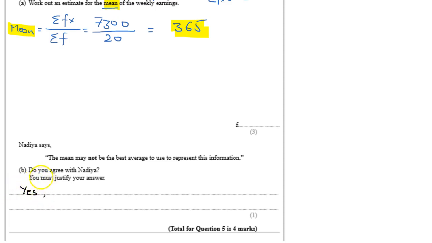The reason is, in this kind, if the extreme values are very high, it can affect the mean.